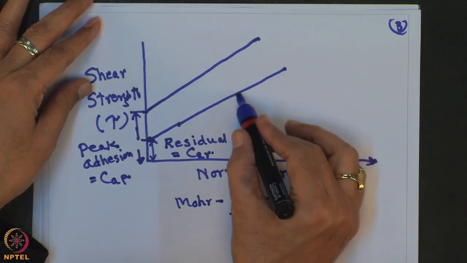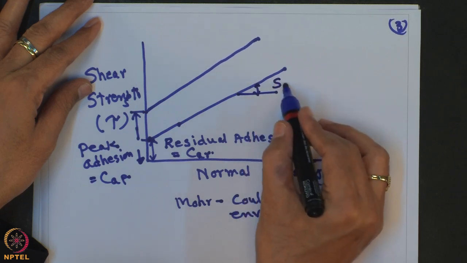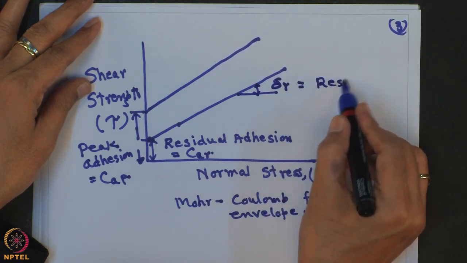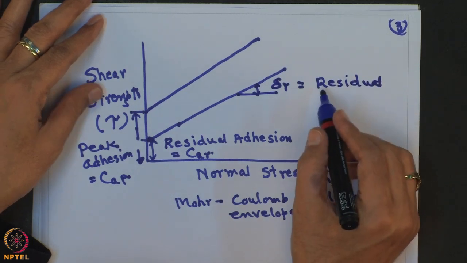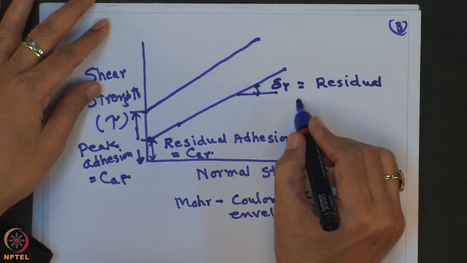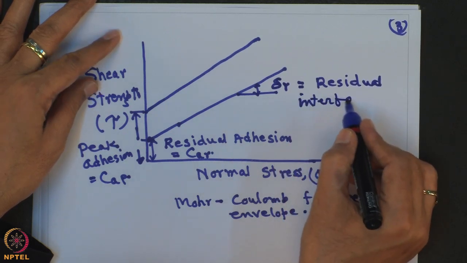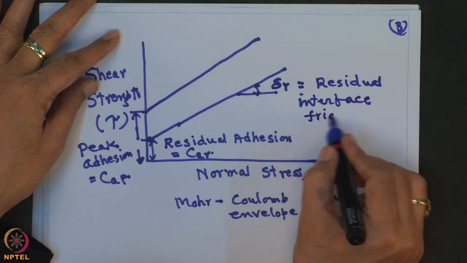And from this curve, you can determine delta_R, that means the residual interface friction angle.